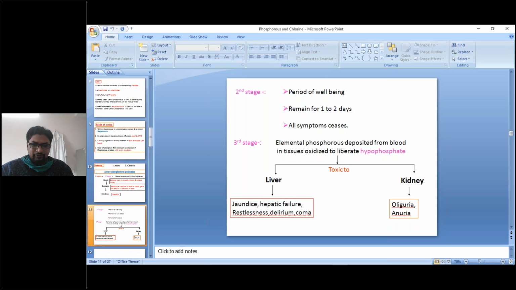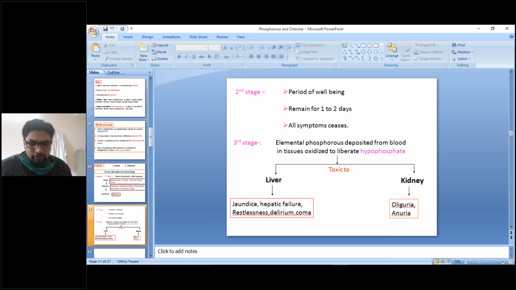In the liver, it will cause jaundice, liver failure, restlessness, delirium, and then coma. In the kidney, hypophosphate will cause oliguria, and then further it leads to anuria. So these are some of the symptomatologies.